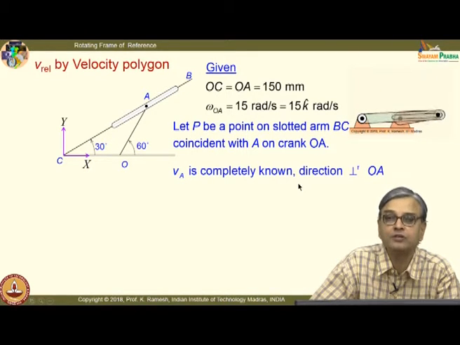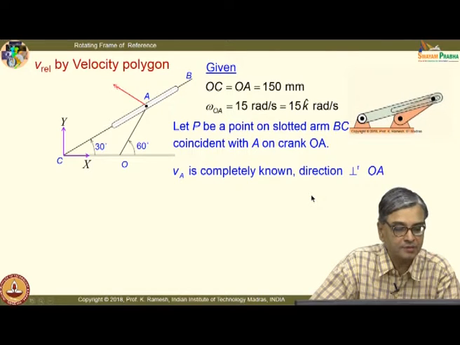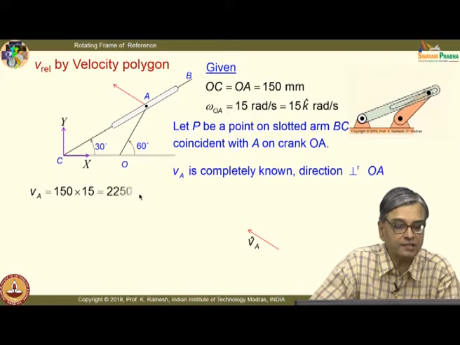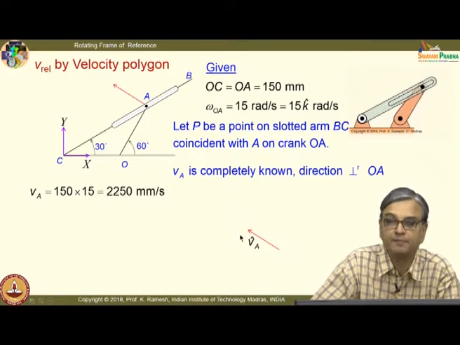I know the magnitude and the direction is perpendicular to OA. So, you have that information. And what is the magnitude? The magnitude is r omega, we are given r as 150 millimeters and omega is 15 radians per second. So, I get the velocity magnitude as 2250 millimeters per second and V_A is completely known.